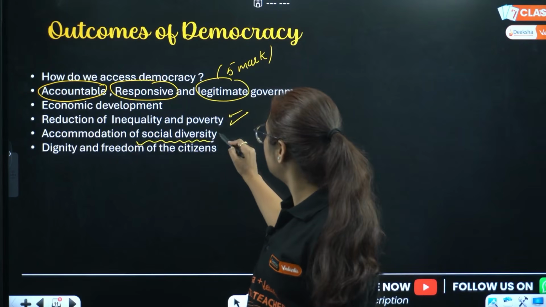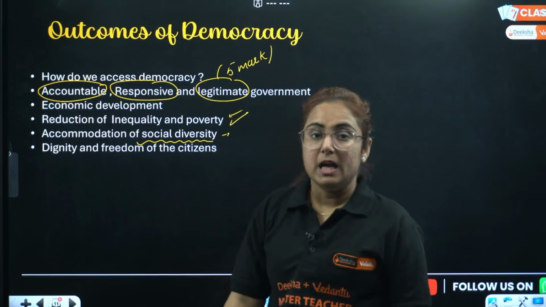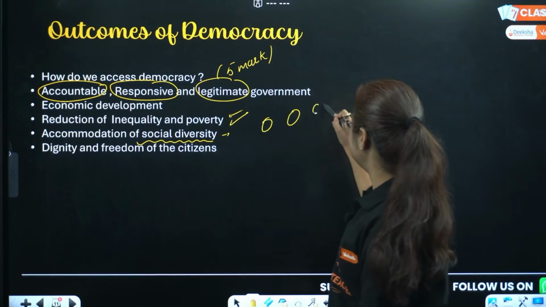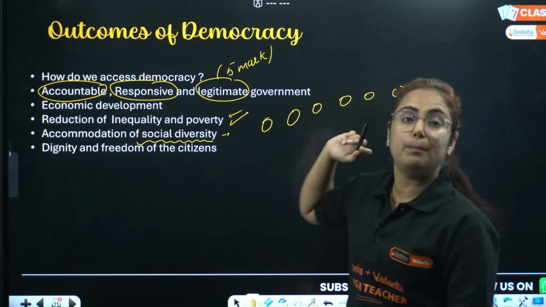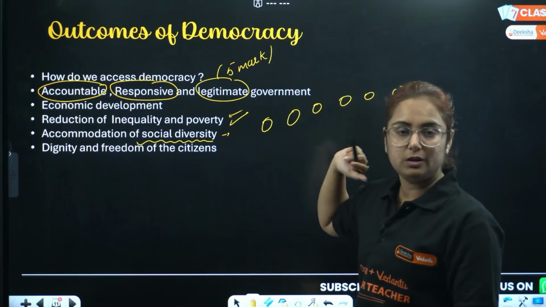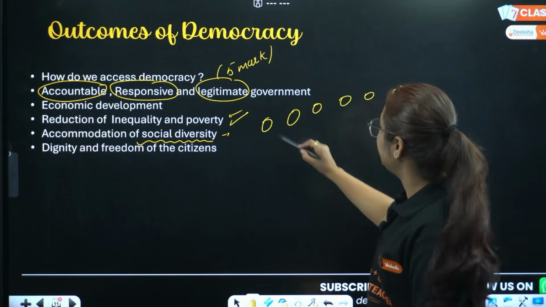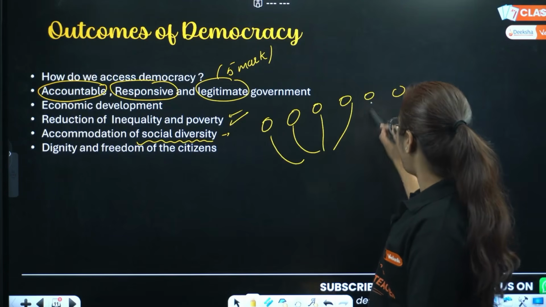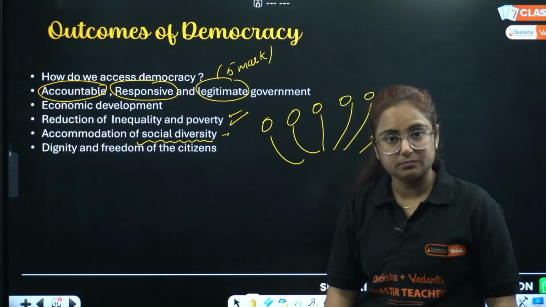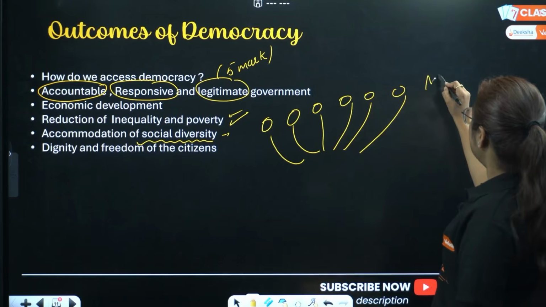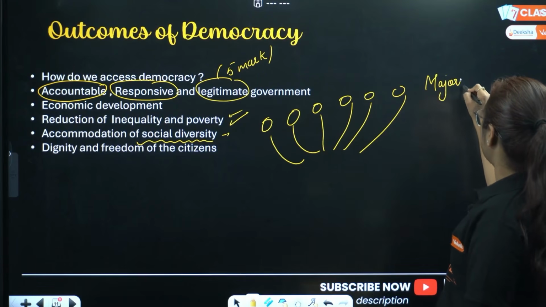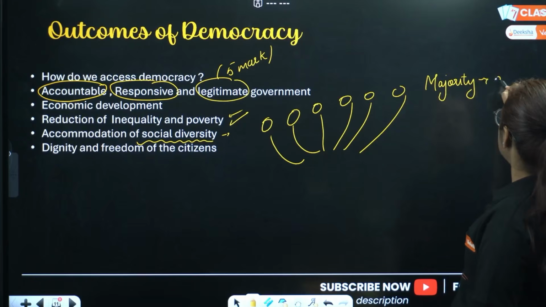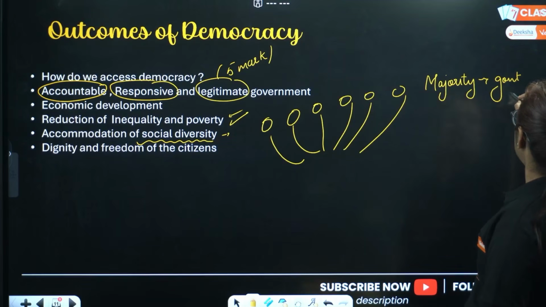Accommodation of social diversity, this is important, bacha. All the socially diverse people in a multi-diverse nation like India are successfully accommodated. How? There is a point that the majority government should not mean that the government is formed by the majority only.